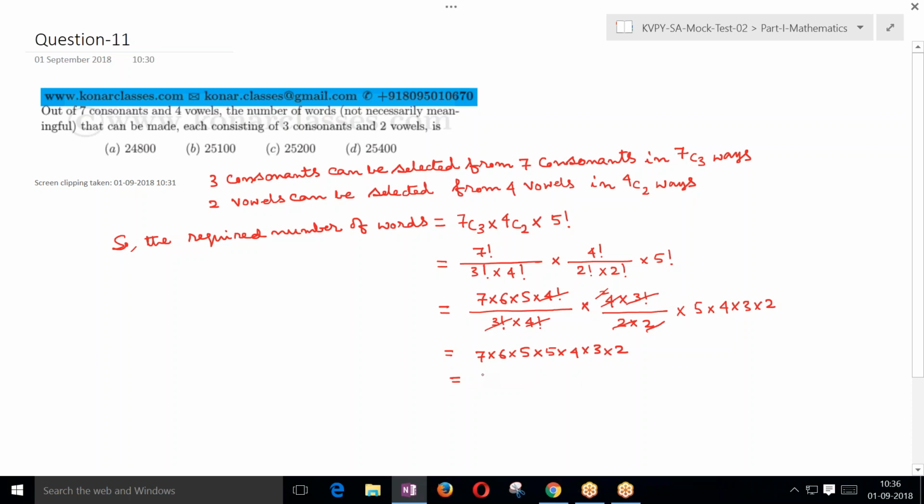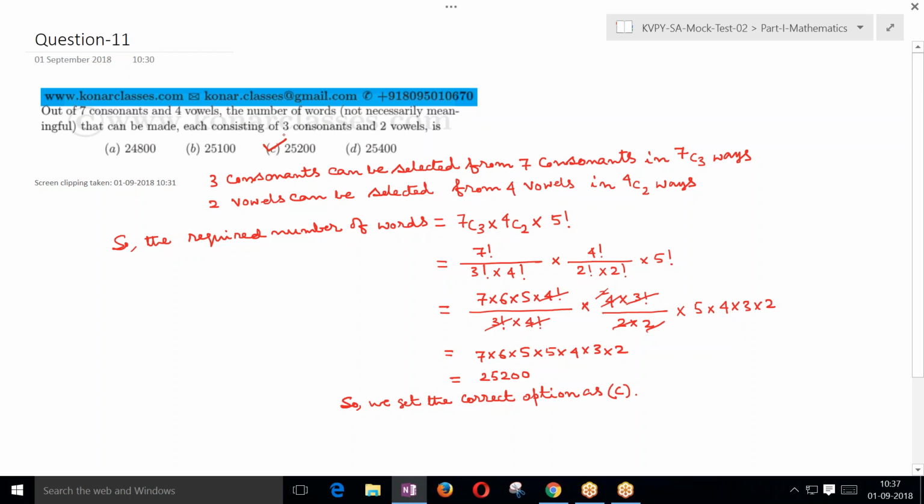If you make it, it will come as 25200. So we get the correct option as C.